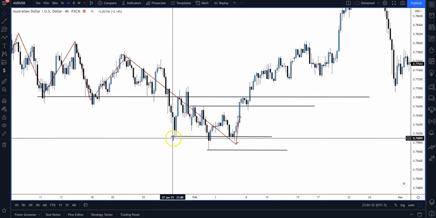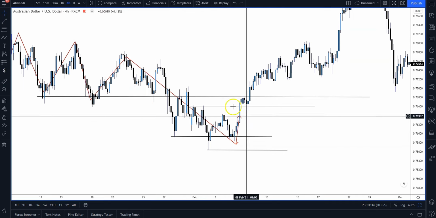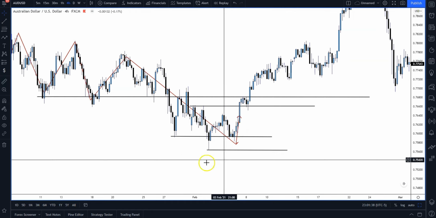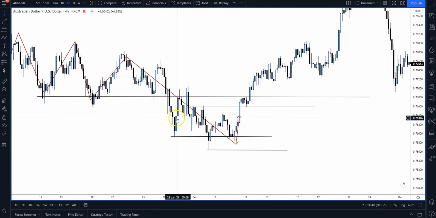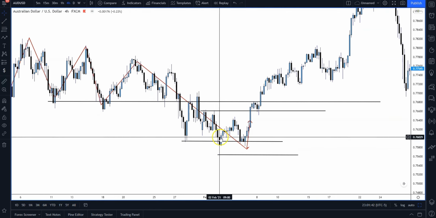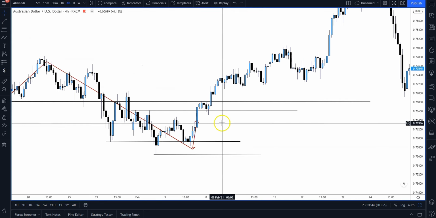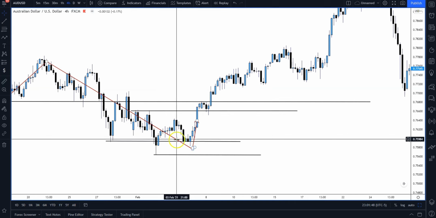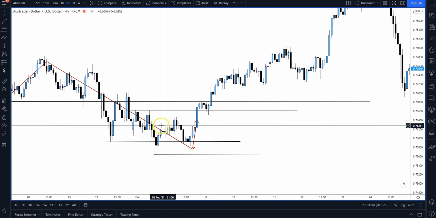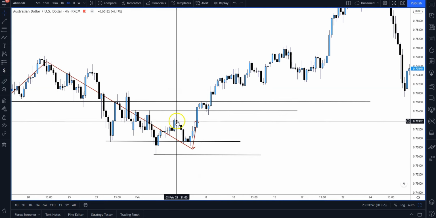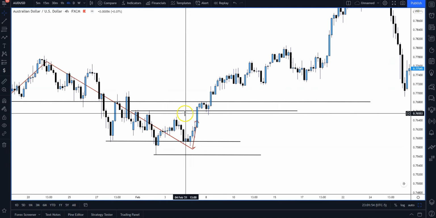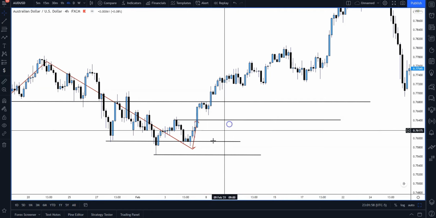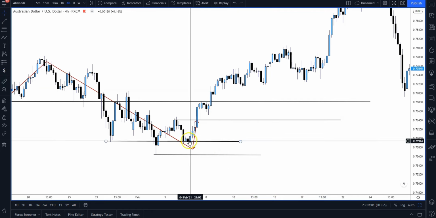I'm going to teach you how to spot things like this. This is what I'm a master of, but I'll show you in the advanced entry module. If you take a look at this high right here, we don't even have to look at this high. Look at this high. It created a high and it created a low.